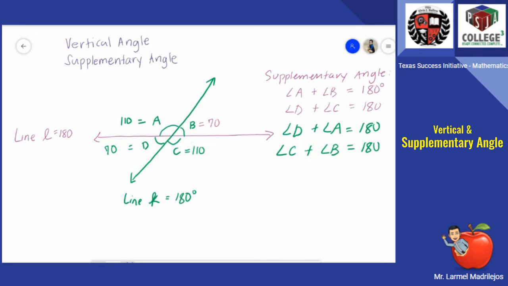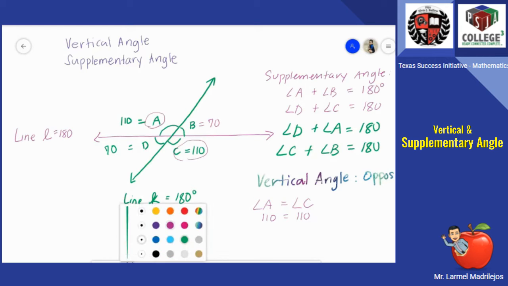Now, the new word is vertical angle. What's a vertical angle? Vertical angles are the opposite angles. So angle A is opposite angle C, which means angle A is 110 as well as angle C is 110.